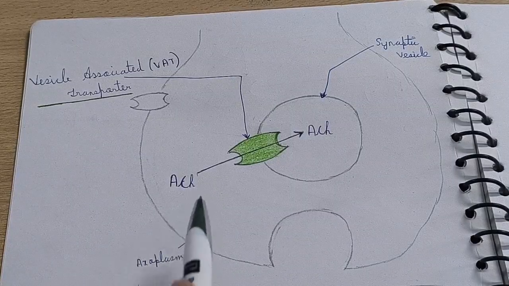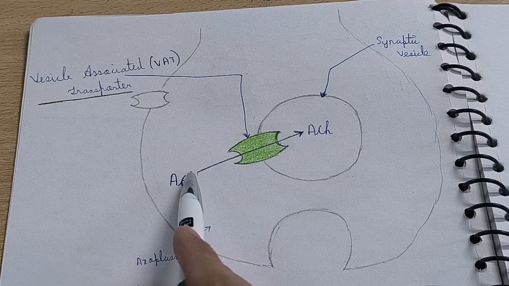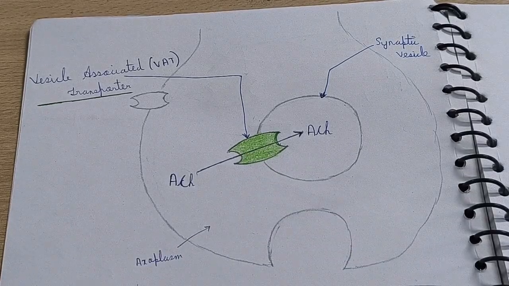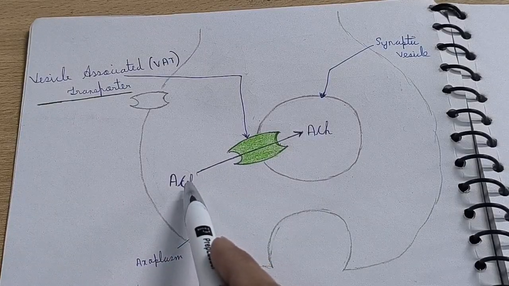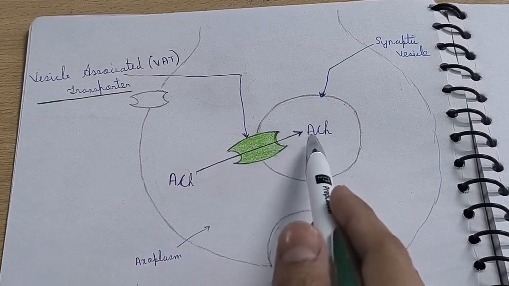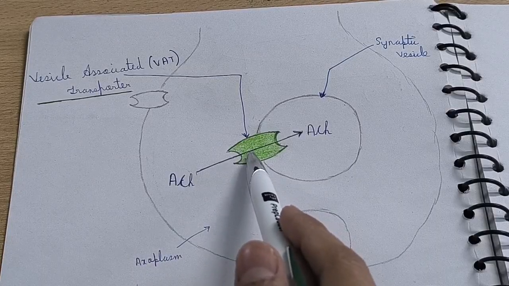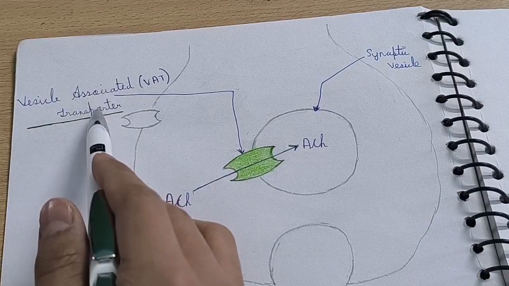So for that, acetylcholine has to be transported from the axoplasm into the synaptic vesicle, and this active transport of acetylcholine, from outside to inside of the synaptic vesicle, is done through a transporter known as the vesicle associated transporter.